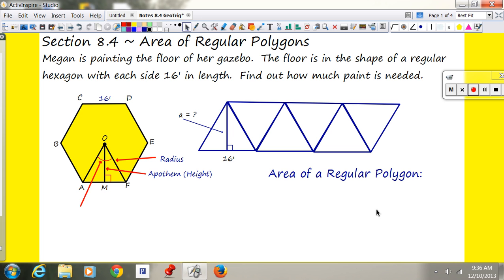The radius is like a circle. If you made a circle around this, it would touch all the letters. That's the radius of the polygon. But the apothem is from the center to the edge. And we also have central angles inside. A central angle is an angle that's made from the center, and if you go all the way around, you'd have 360 degrees of central angle.